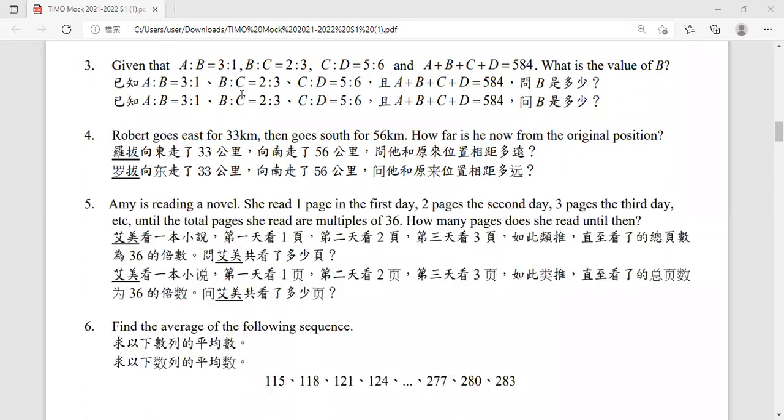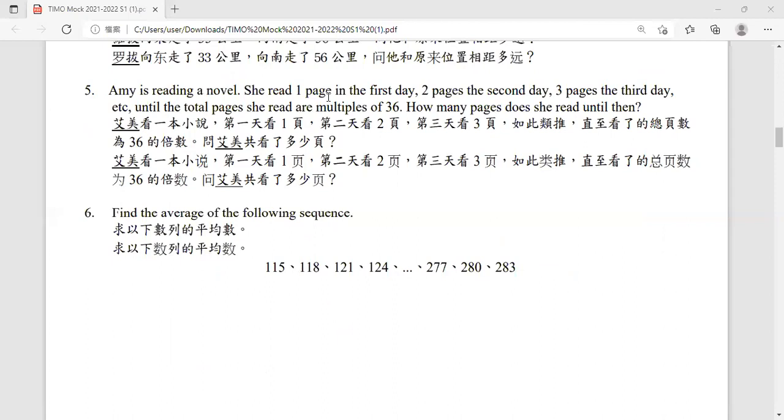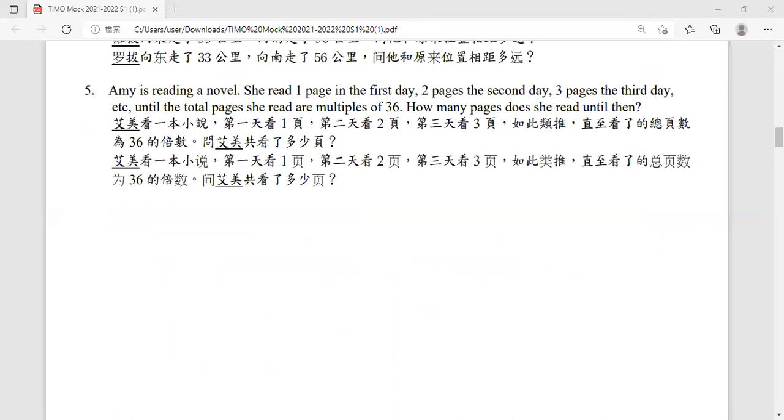Okay, next one. Question 5, very simple.